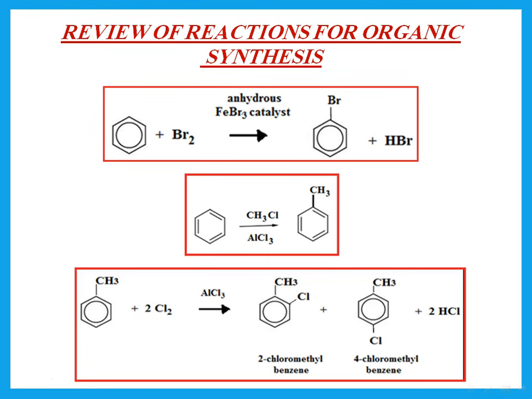What if we have the methyl benzene and I want to add a chlorine on the benzene ring? In that case, we react it again with chlorine in presence of aluminium chloride, like that first reaction. And remember that if I have a methyl group, then I put the incoming chlorine either on carbon number 2 or on carbon number 4.